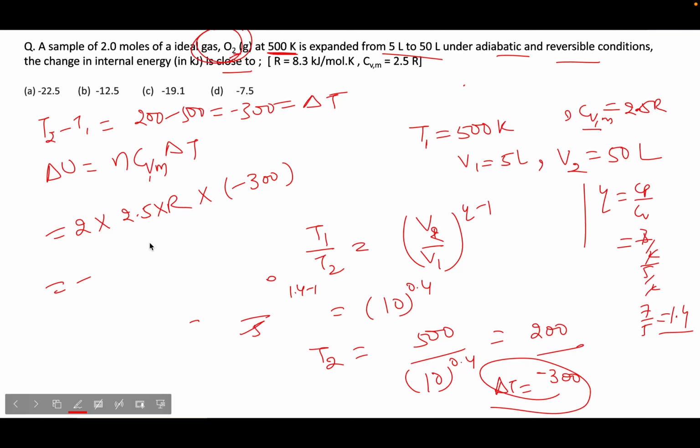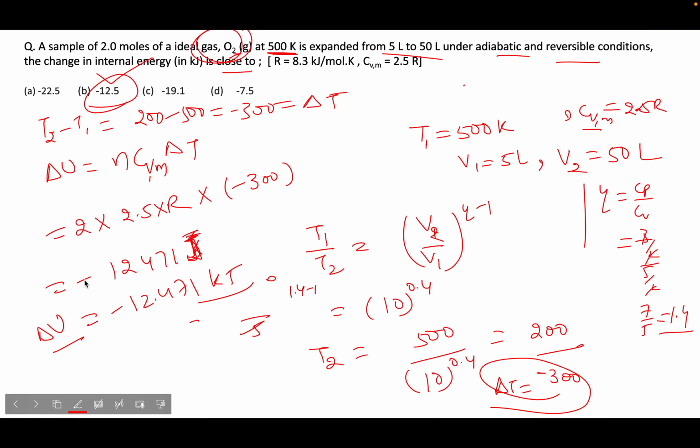If you multiply R, that is 8.314, this is 2 into 2.5 into 8.314 into 300, which is 12471 joule, and we can write it as 12.471 kilojoule. So this is about minus 12.5 kilojoule for delta U.